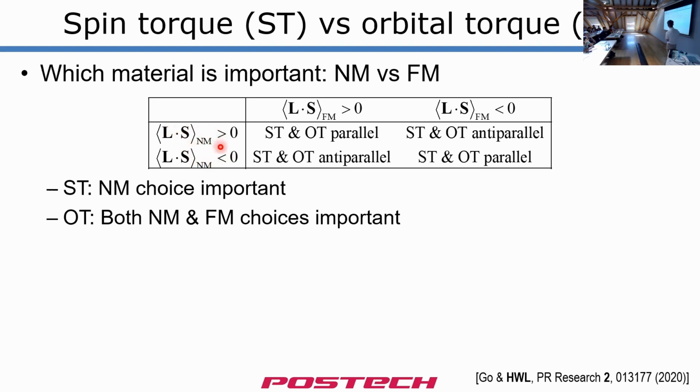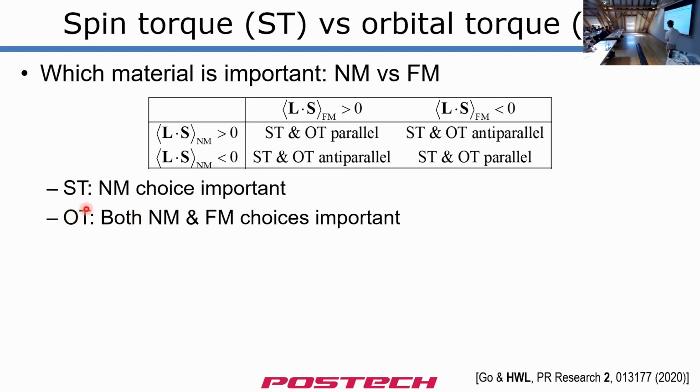And the spin Hall effect sign is determined by the heavy metal. So depending on the correlation of orbital and spin angular momentum within the heavy metal, we may have a positive spin Hall effect or a negative spin Hall effect, and that generates spin torque of a positive sign or a negative sign. So for spin torque, the heavy metal choice is the most important one, and the ferromagnet choice is relatively irrelevant.